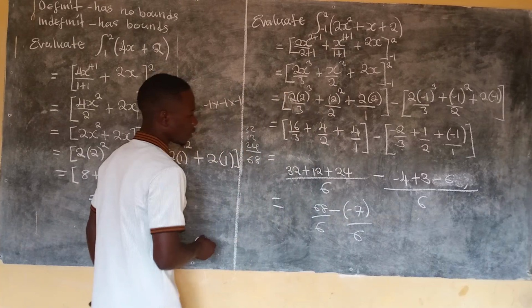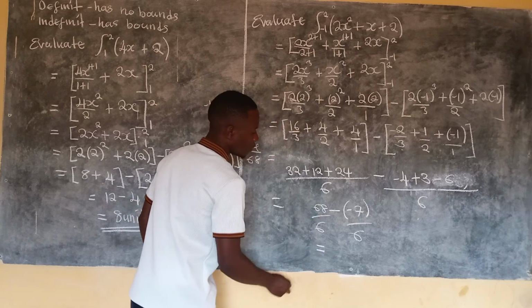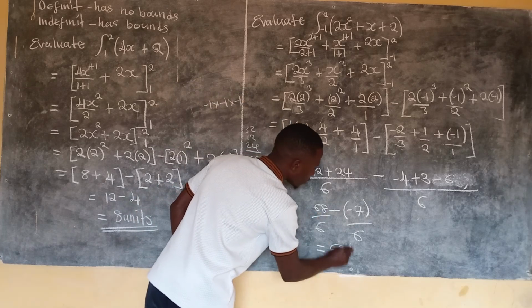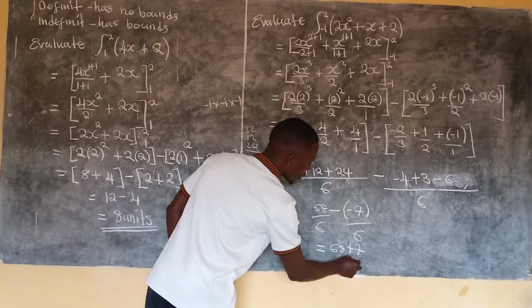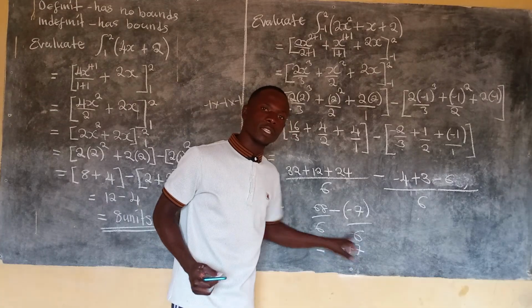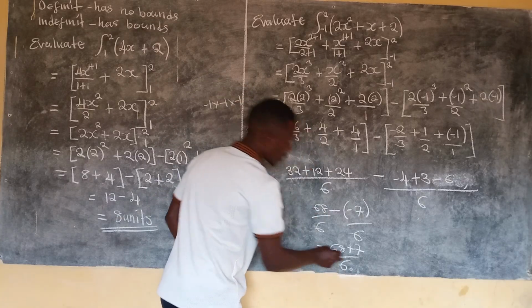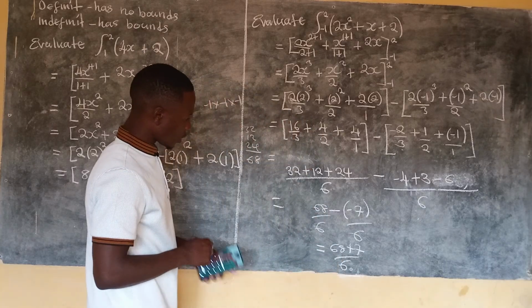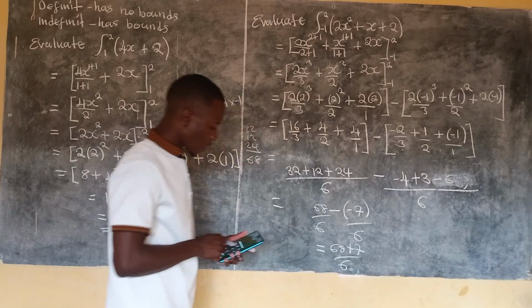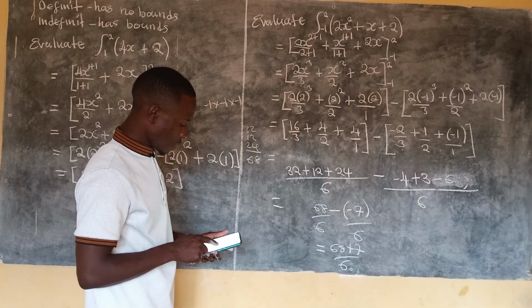From there, this is equivalent to negative and negative, positive. So it will be 68 plus 7. When we have similar common denominators, we just get 1, so it will be over 6. This plus this, I'm sure it will give us 75. Let's confirm.